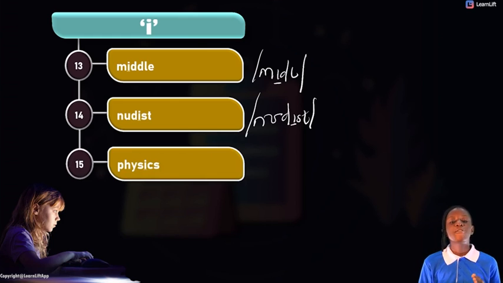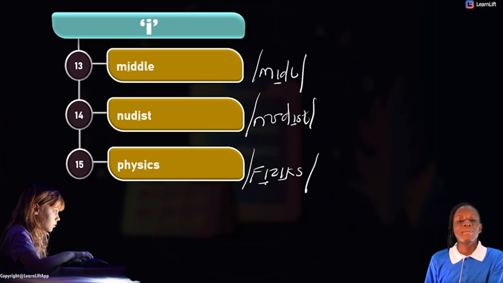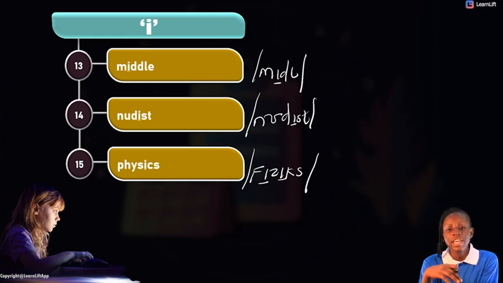Next example we have physics. Now our physics is transcribed as physics, having our E here, not E here. If you're wondering why we're having F instead of PH, the combination of PH produces the F sound.